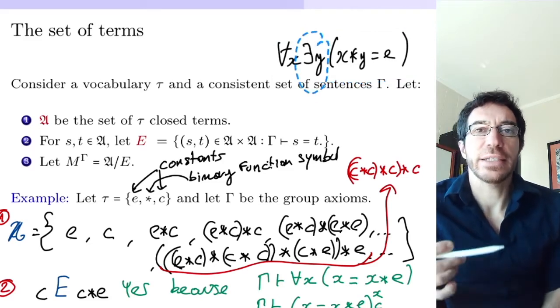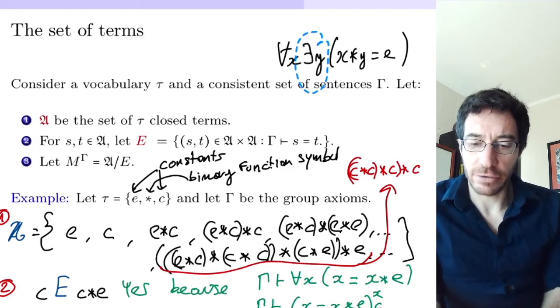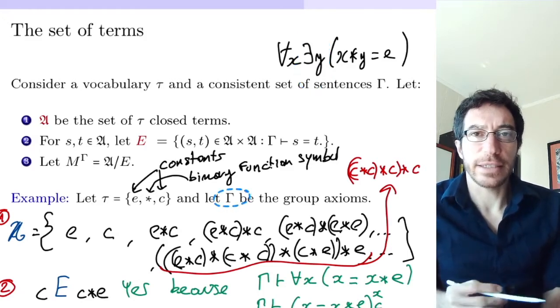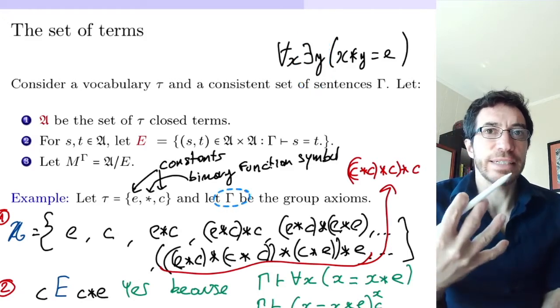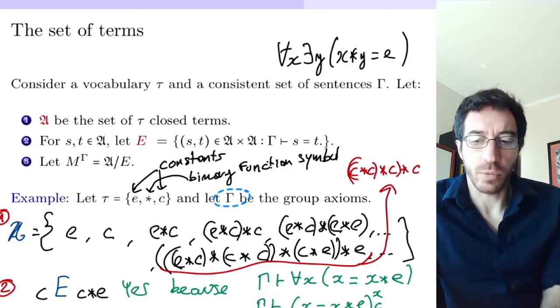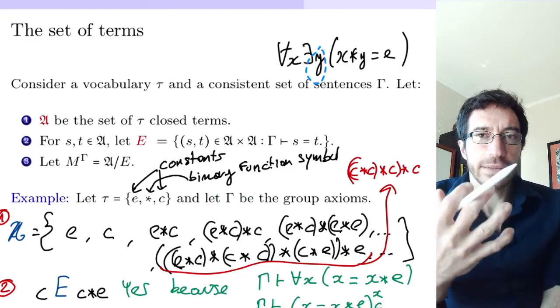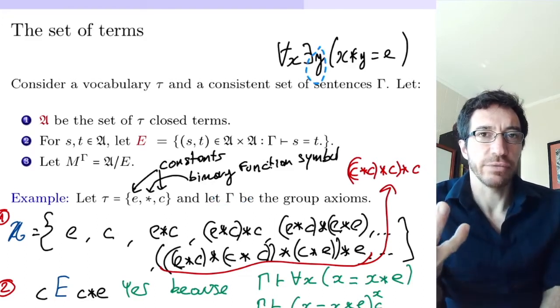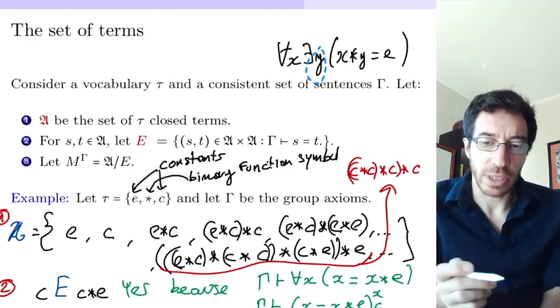Just saying that there exists something in the set of sentences doesn't imply that there's going to be a term for it, and therefore y might not be given by a term, and therefore it wouldn't be in the term model. So in the term model you wouldn't have such a y. So how do we fix that?